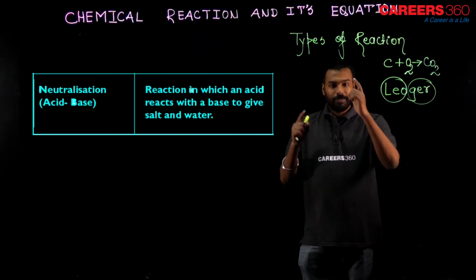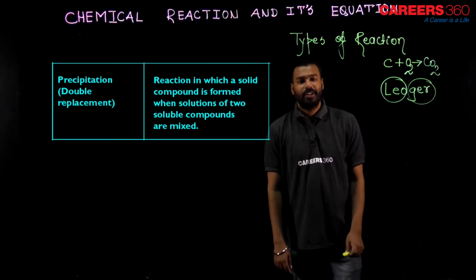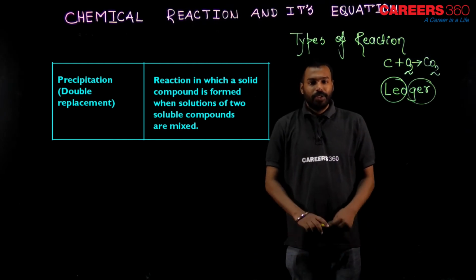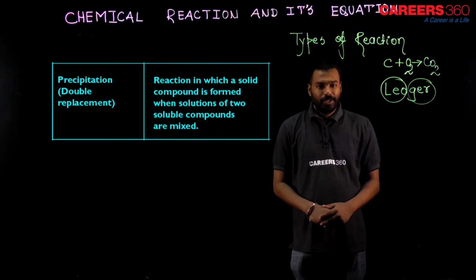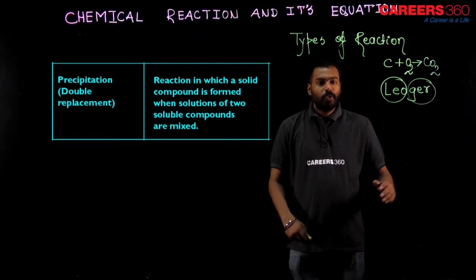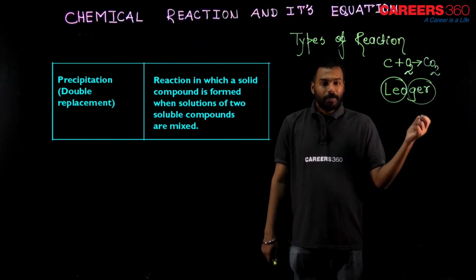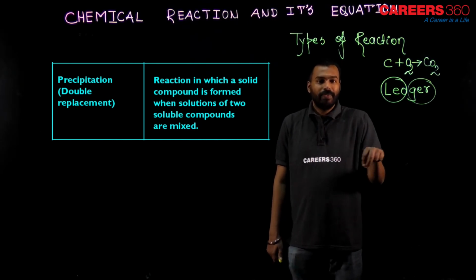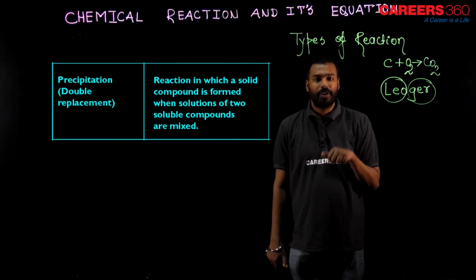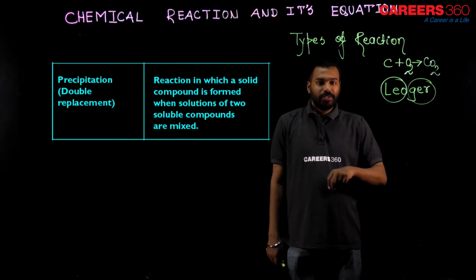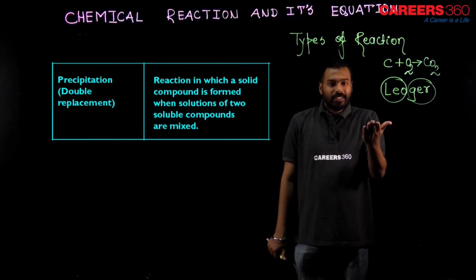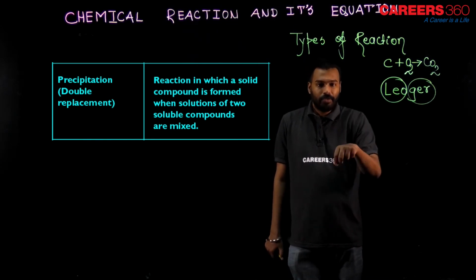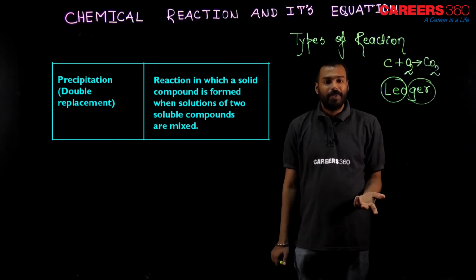Let me tell you the next type now, precipitation reaction. Such a reaction in which 2 compounds mix together to form a new product, and the product does not dissolve in the solution, like sand or mud in water.